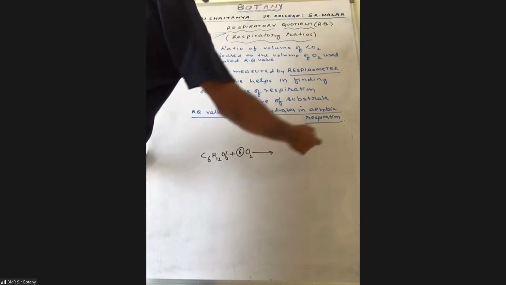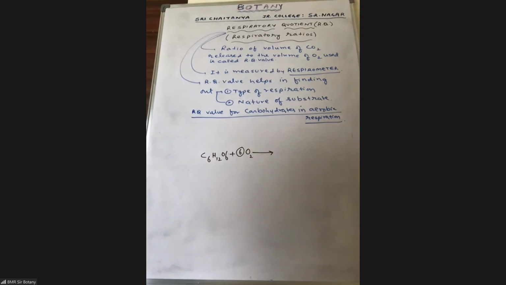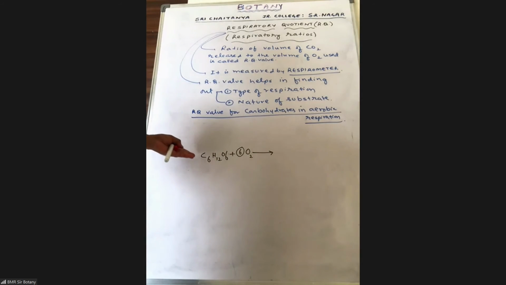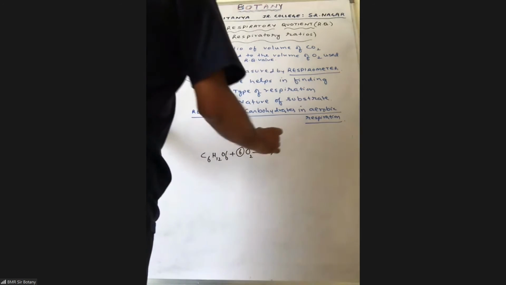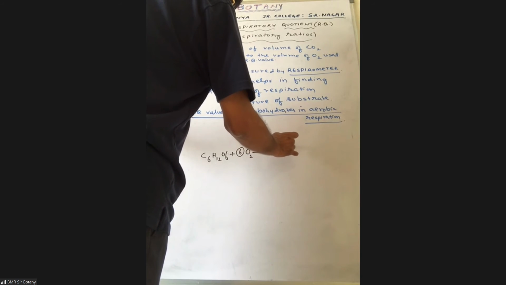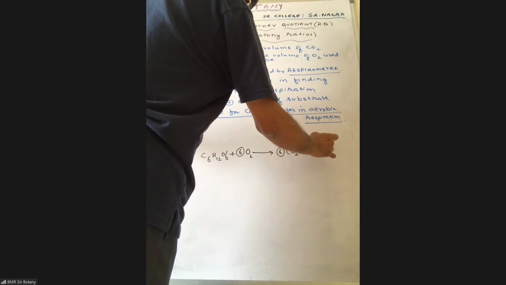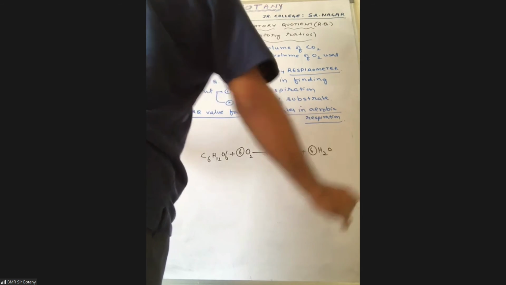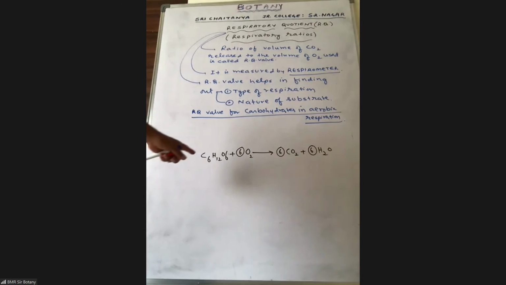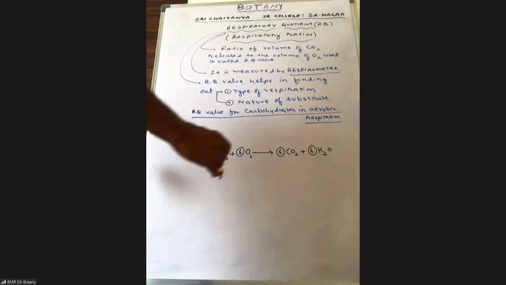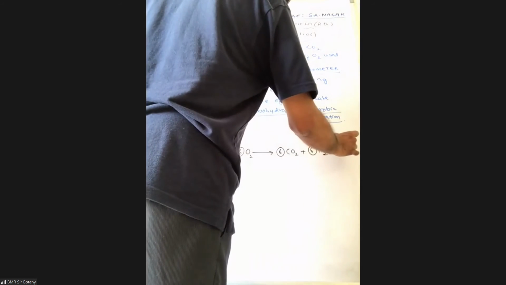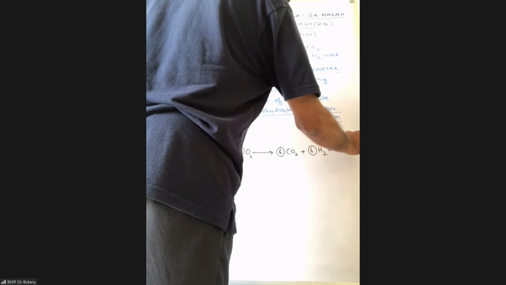Carbon dioxide equals the number of carbons, so 6 molecules of CO2. Then 6H2O, since the number of hydrogens divided by 2 gives the number of water molecules. Then of course, energy.